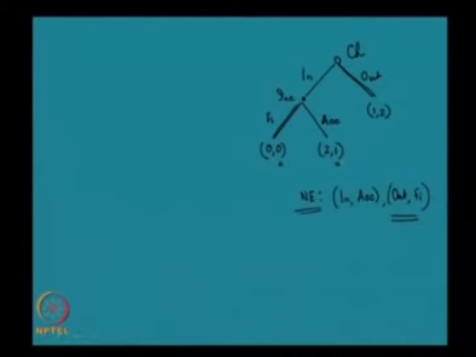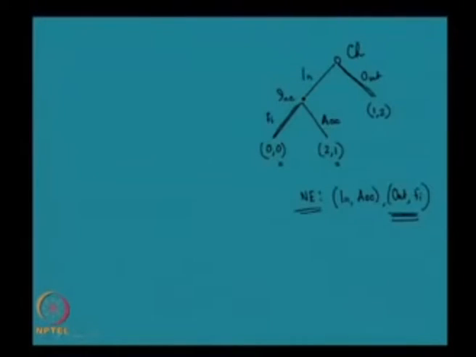So, even if we try to interpret this Nash equilibrium where the players can do some experiments, can make some errors and take actions which are not the equilibrium actions, then the action specified for the other player is not optimal.